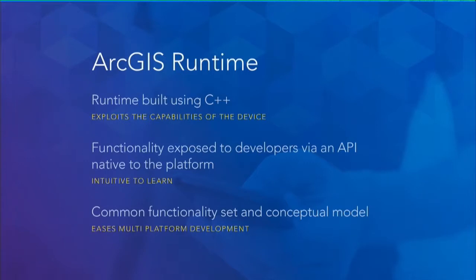Now, even though the runtime software components are developed in C++, doesn't mean that you as developers need to use C++ to use them, because we expose them to you through higher level programming languages and APIs that feel natural on your technology platform. So if you are an Android developer, we expose the runtime through Java APIs. If you're an iOS developer, through Swift.